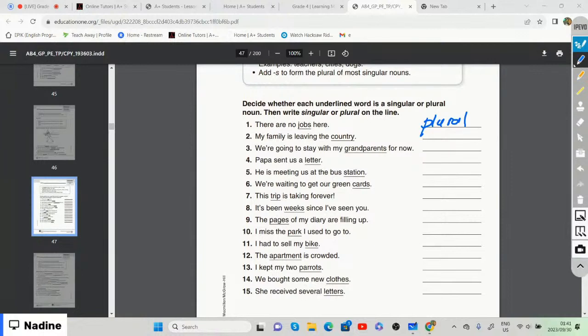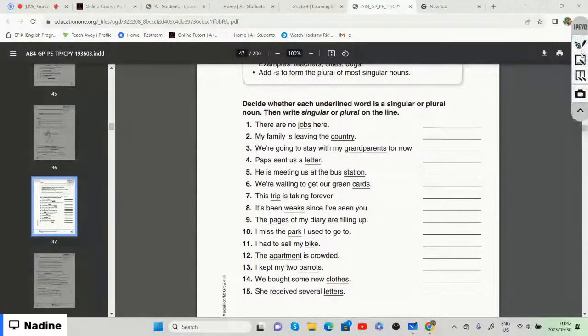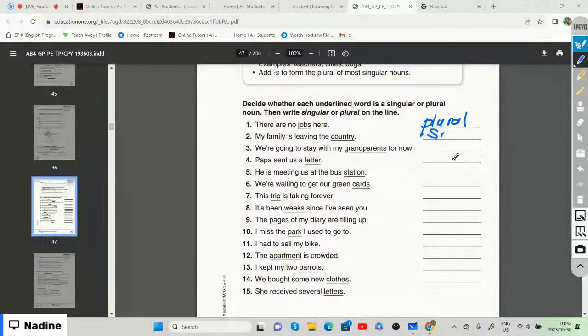Country, is it singular or plural? All right, so we can basically say country is singular. So we can say this is singular.